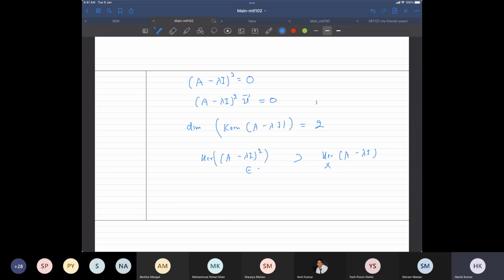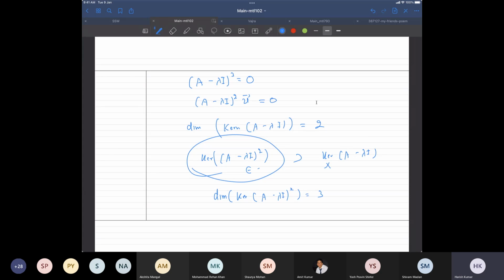Okay, so if I prove that A minus lambda I square is equal to 0, then I am done. If I prove that the dimension of kernel of A minus lambda I square is equal to 3, then I'm done.